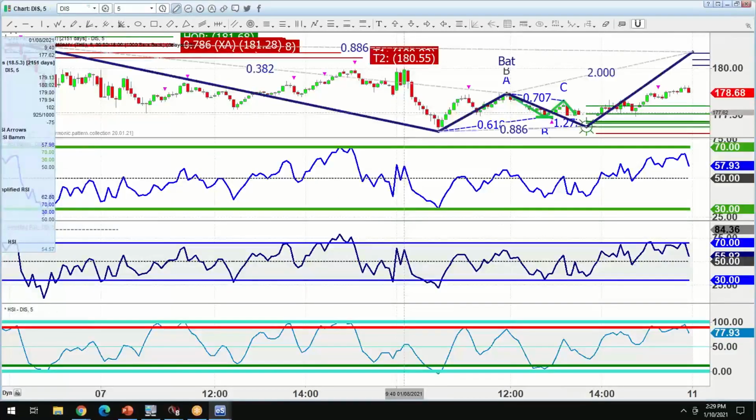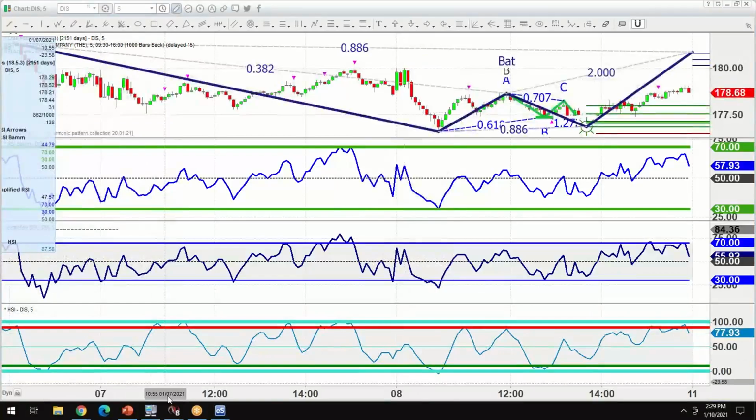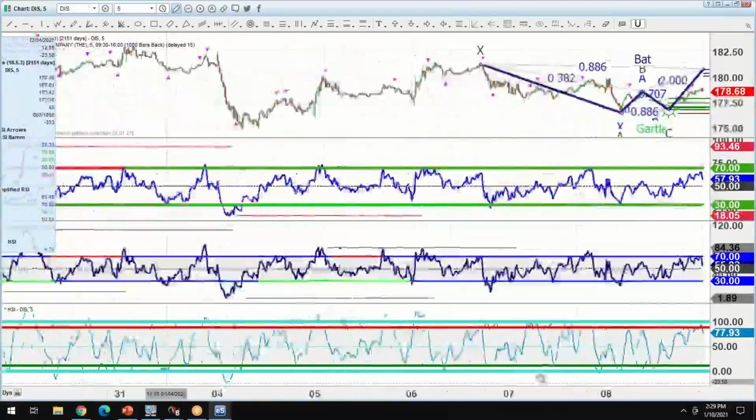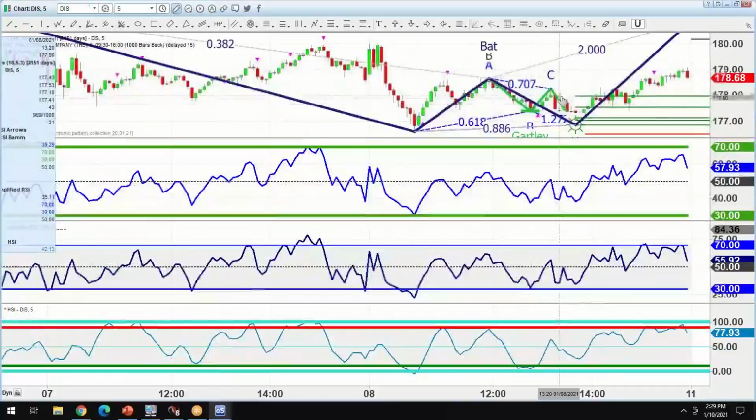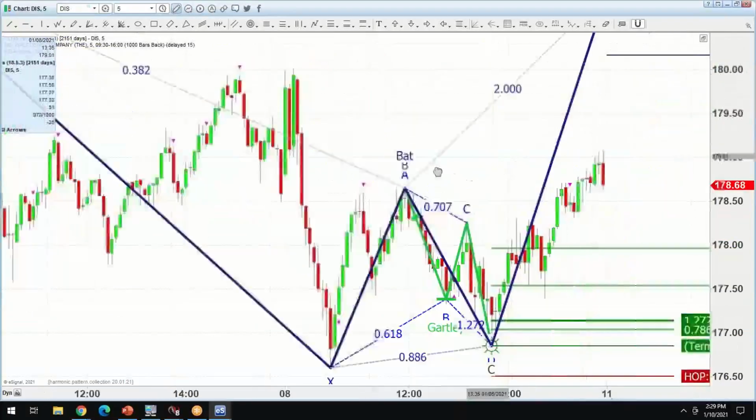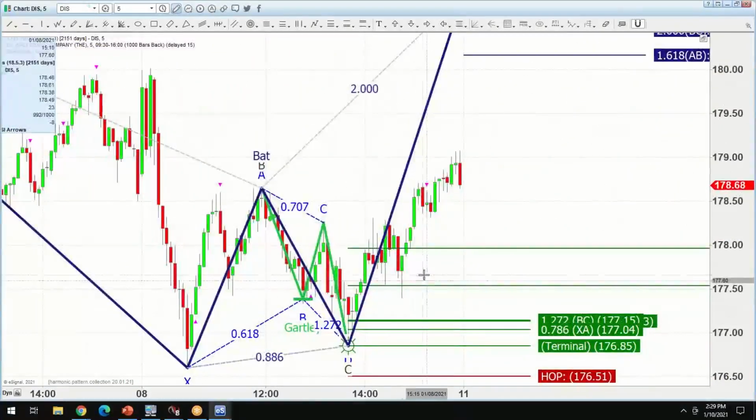There's a bearish bat, but look, there's a Gartley from Friday. So if Disney's a really hot stock, why wouldn't we look for bullish patterns on an intraday basis? That's a great point. We would. Why not?